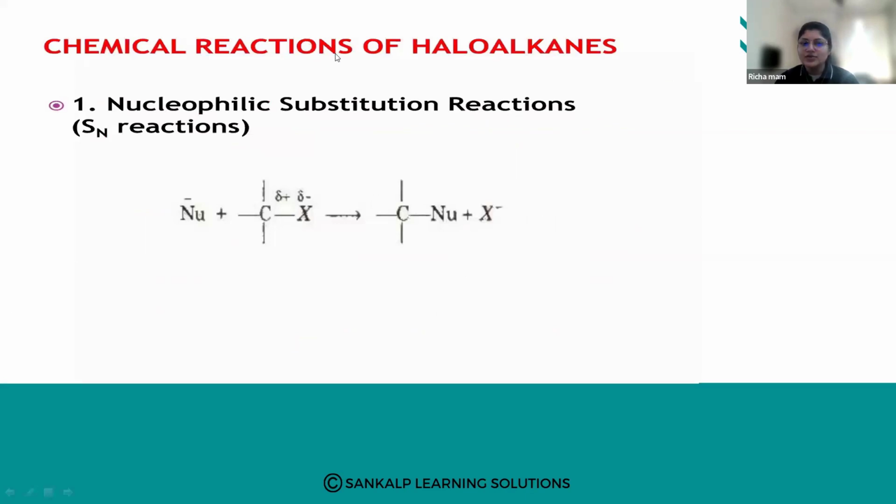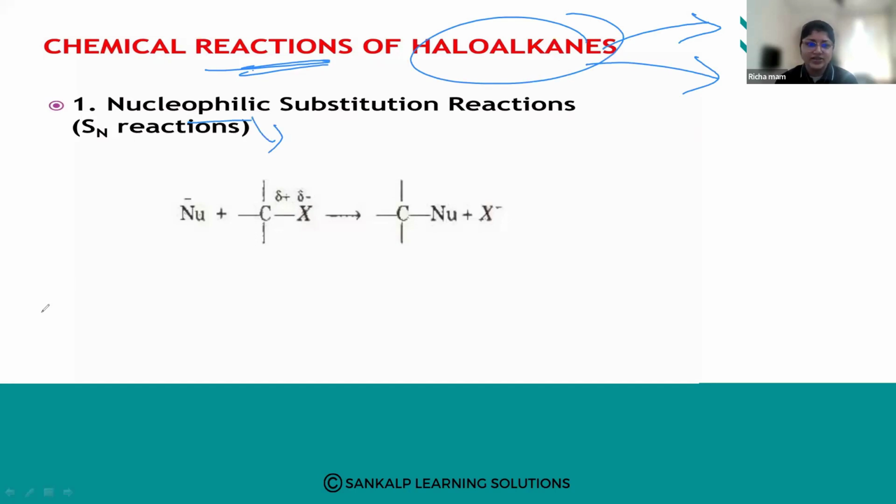Next we are going to start with the chemical reactions or chemical properties of haloalkanes. Today we will just see the introduction. Chemical properties means how these haloalkanes will react with other things, like how they are reactive towards nucleophilic substitution reactions, elimination reactions, and addition reactions.